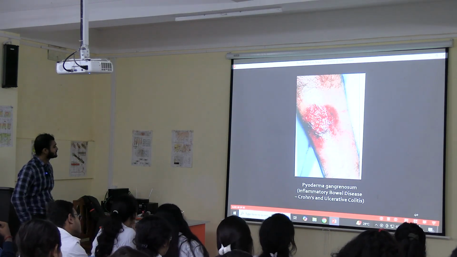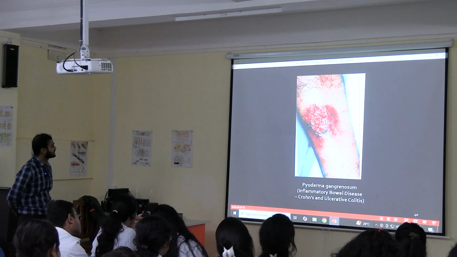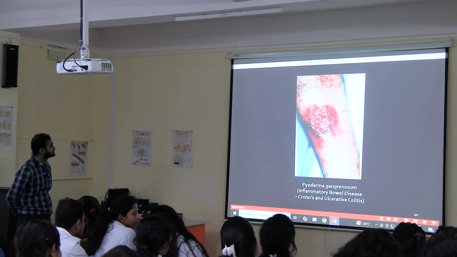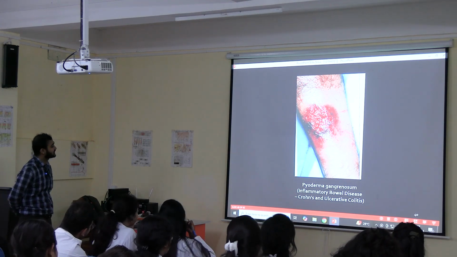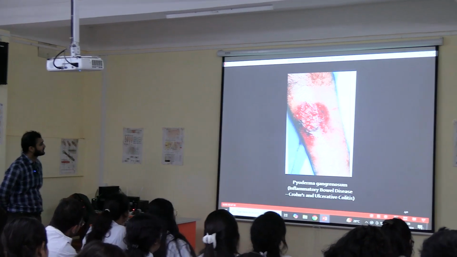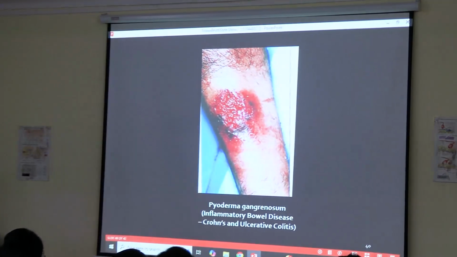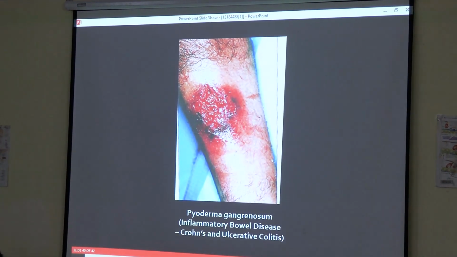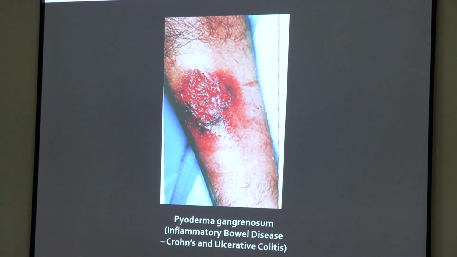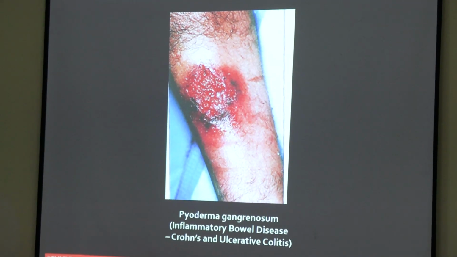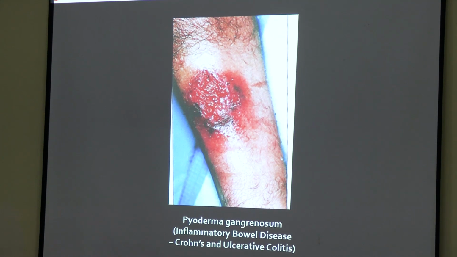This is also a case where, due to inflammatory bowel disease, there is gangrene formation on the skin. This part of the tissue is dead and necrotized. So in Crohn's disease and ulcerative colitis, we can see this.